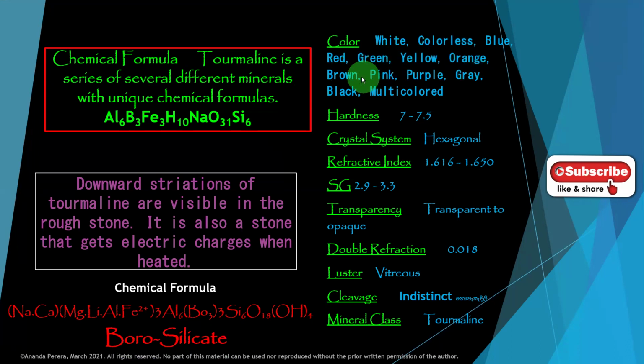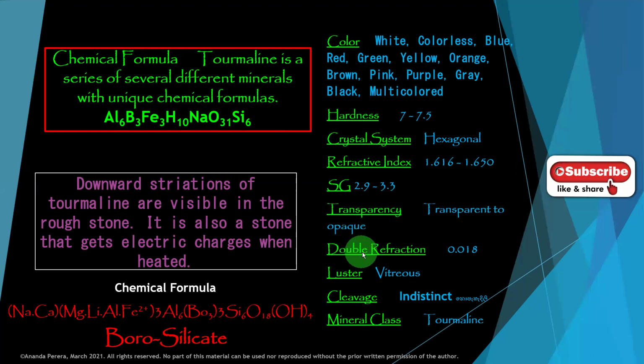The colors are white, colorless, blue, red, green, yellow, orange, brown, pink, purple, gray, black, multicolored. Hardness in this stone is 7 to 7.5. Crystal system is hexagonal. Refractive index is this. SG, specific gravity, is this. Transparency is transparent to opaque.